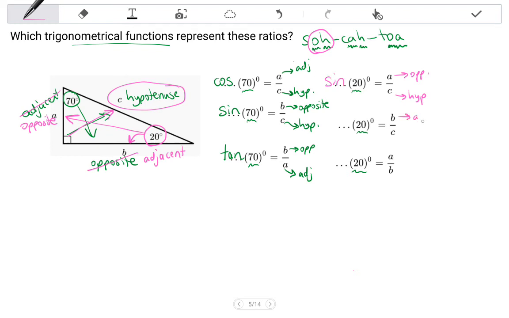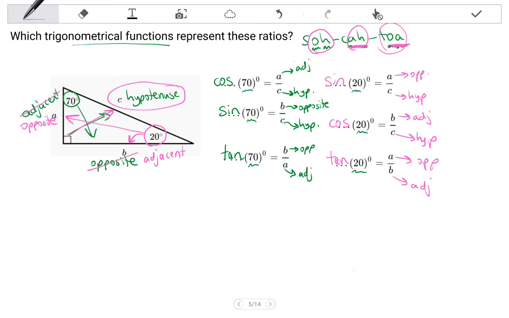B is adjacent, C is hypotenuse. So adjacent and hypotenuse together used in cosine. And A is opposite, B is adjacent. Opposite and adjacent is used in tangent.